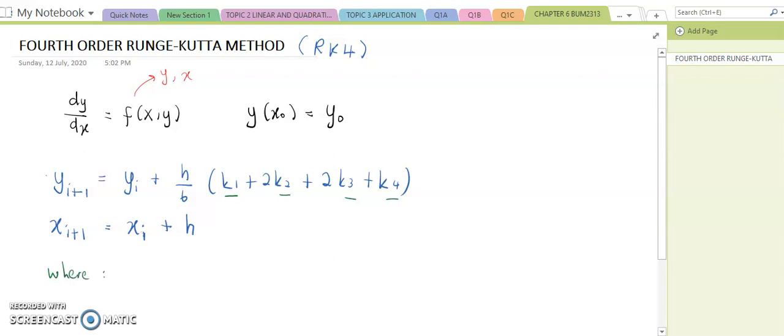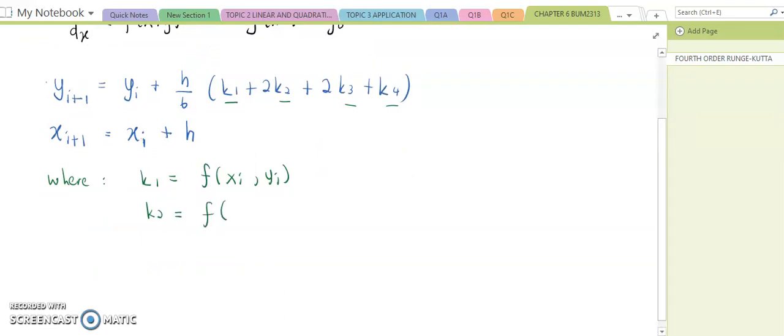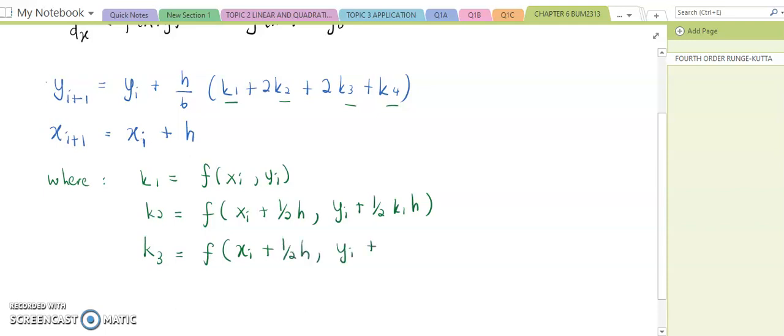So the k1 formula is f of xi, yi. k2 is equal to f of xi plus half h, yi plus half k1h, and k3 equals f of xi plus half h, yi plus half k2h, and the k4 value is f of xi plus h, yi plus k3h.